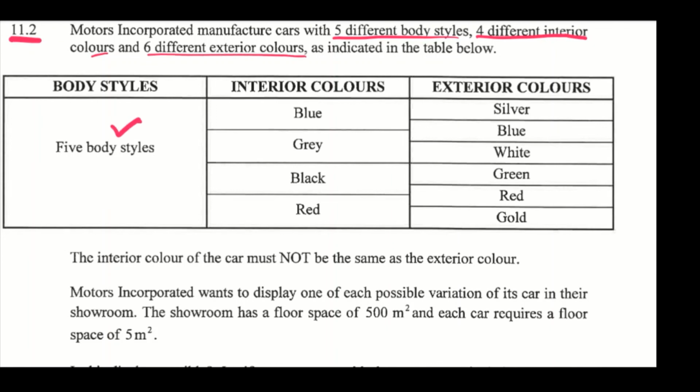So these are the 5 body styles, and all of these are the interior colors, and these are the exterior colors, right? So there are 5, and here it's 1, 2, 3, 4, so there are 4. Here it's 1, 2, 3, 4, 5, 6. There's 6 in total. Cool.